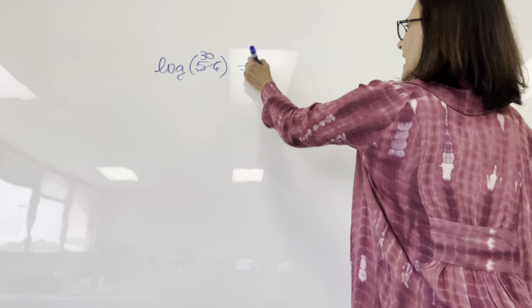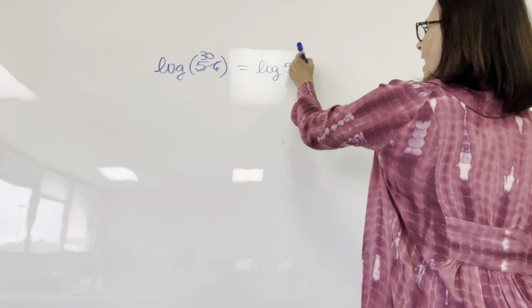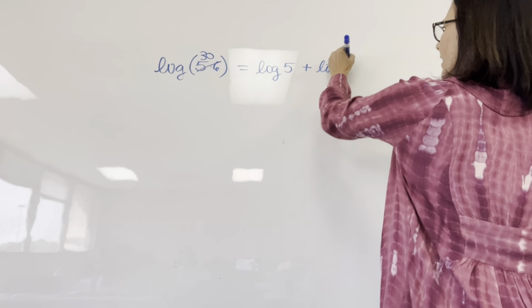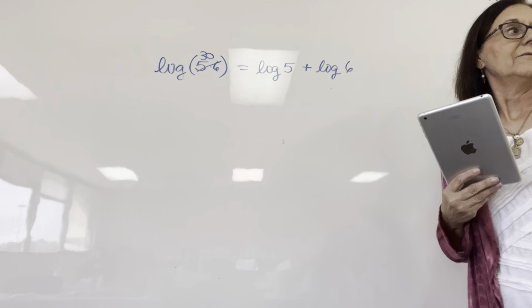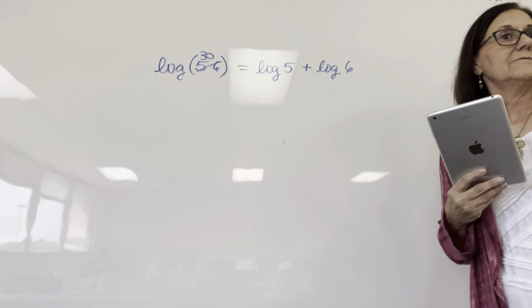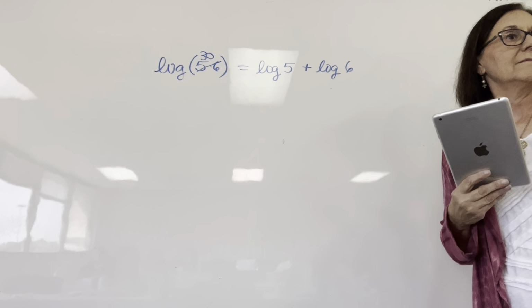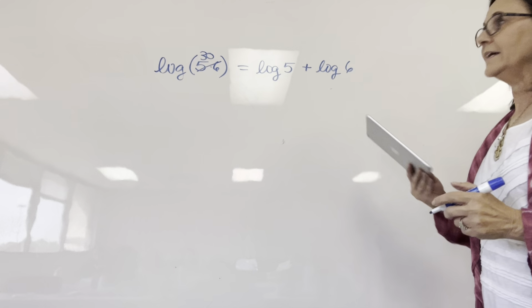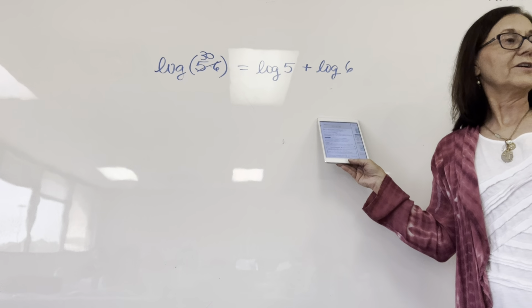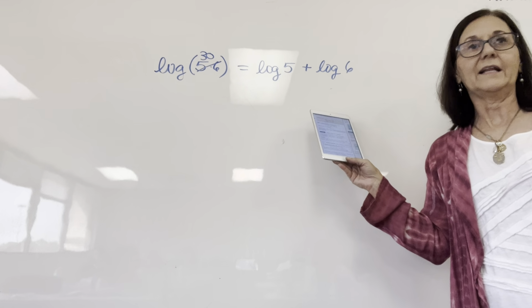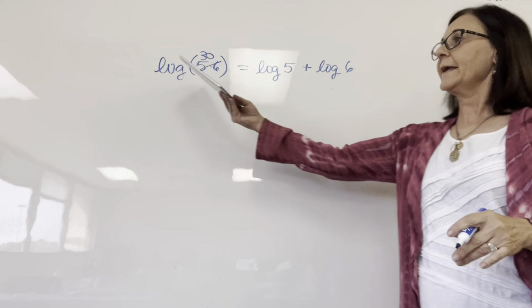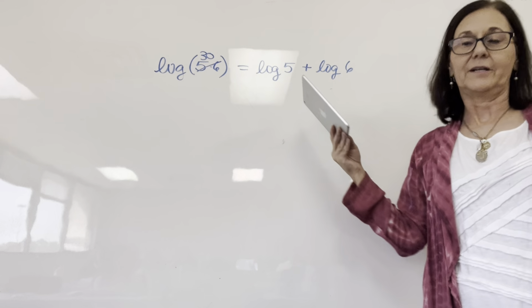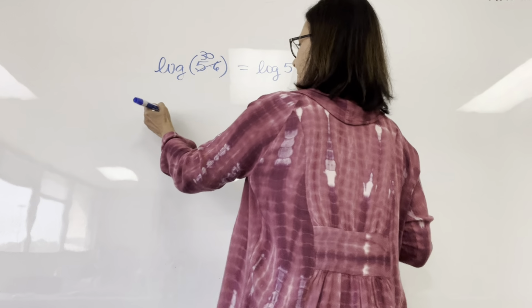Is going to be the same as the log of 5 plus the log of 6. Right? It is. Actually, you could do that in your calculator. It really does work. We did it last year. Because multiplication is addition. Okay, let's go the other way.